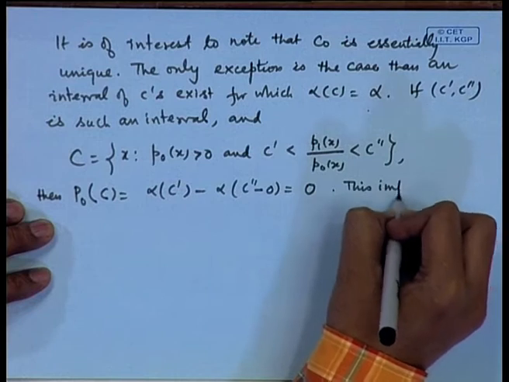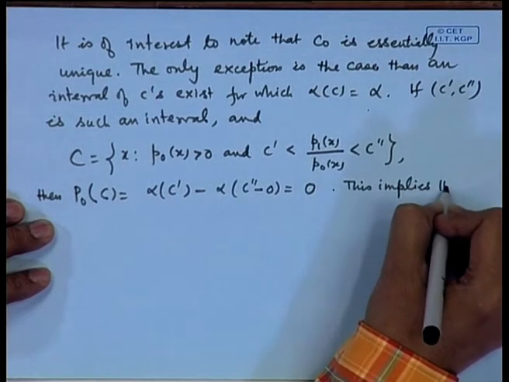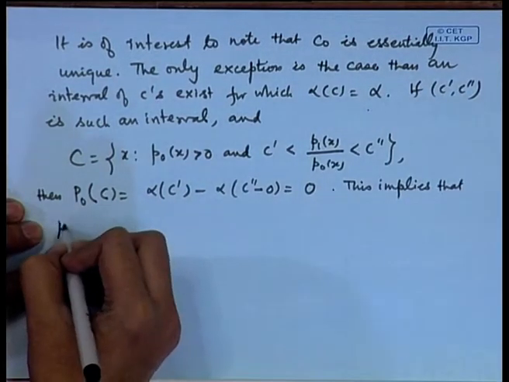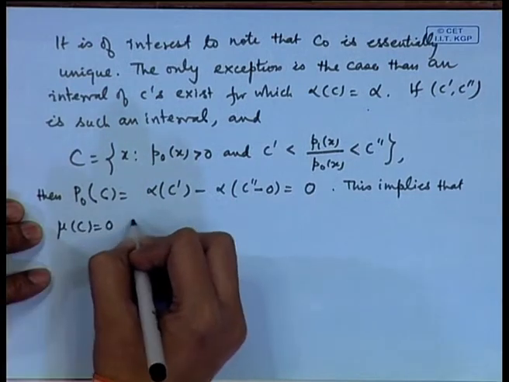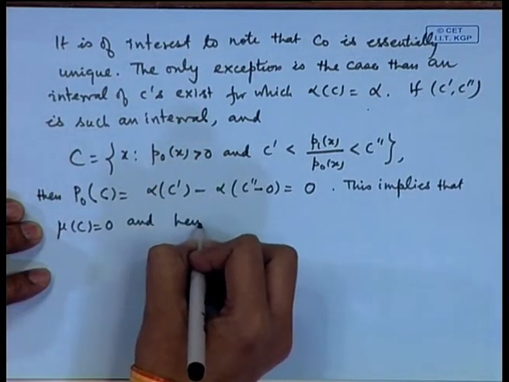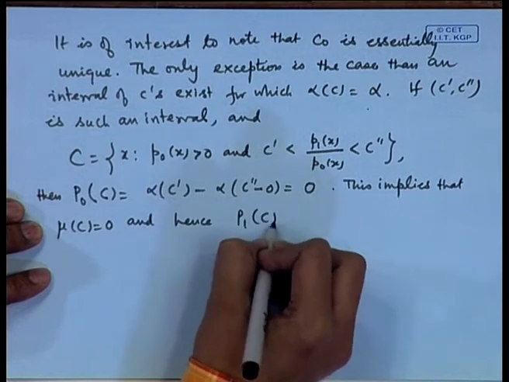This implies that mu C is equal to 0 and hence P 1 C is equal to 0.